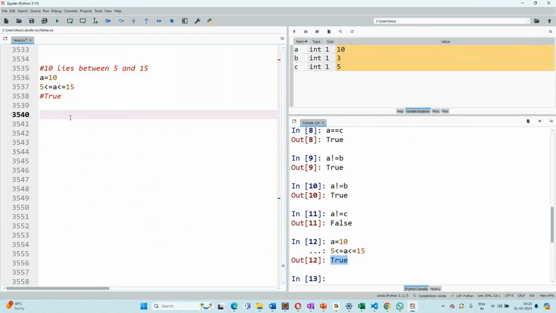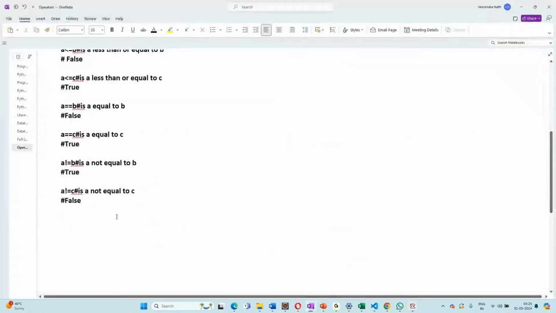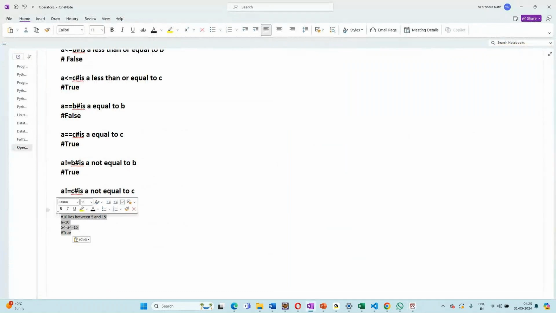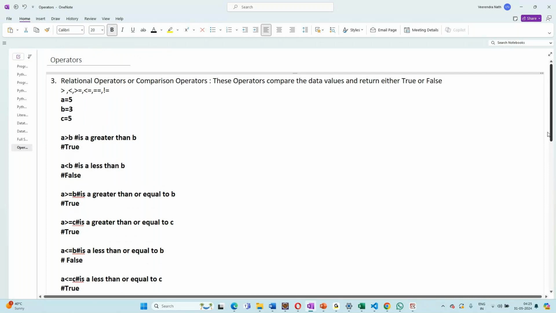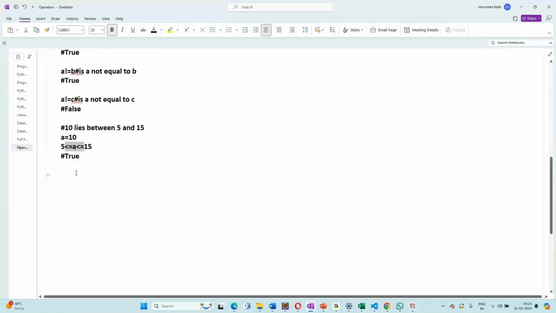Whenever we are talking about this operation, you will be looking at it this way also. This is also possible to have in Python. In other languages we cannot use it like this, but in Python we can have the operation used like this also. So that is how we take up the relational operators.